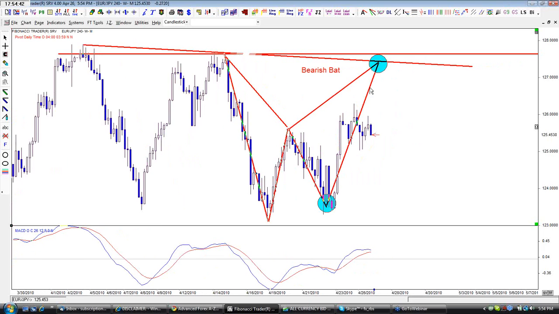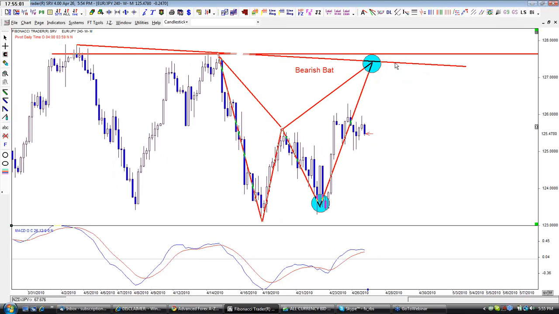We can see a lot of up and down, bearish and bullish moves until we get there. Once price comes close to 127, we'll be able to look for bearish patterns. If we see a bearish pattern converging with the 127, we'll be able to take the pair short.